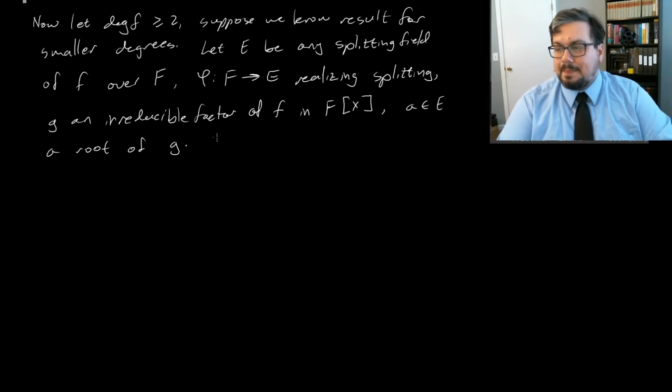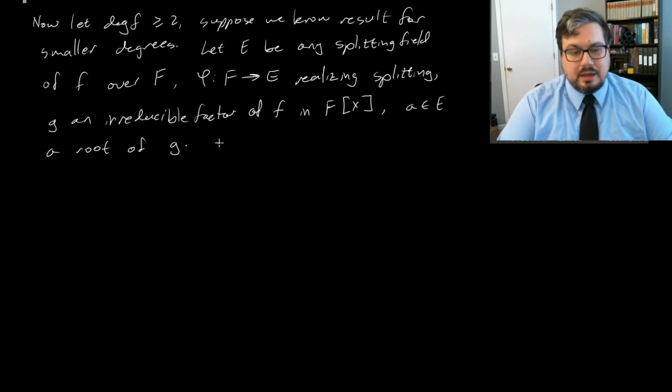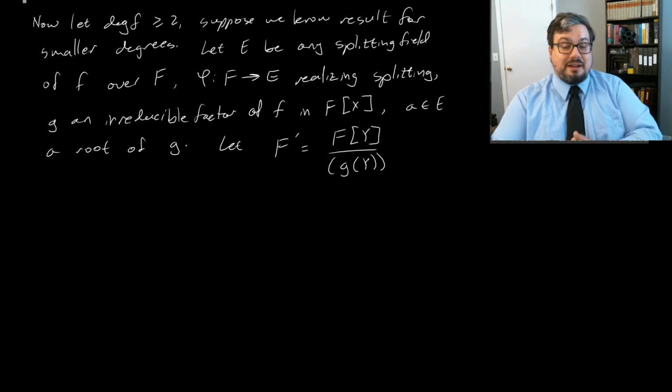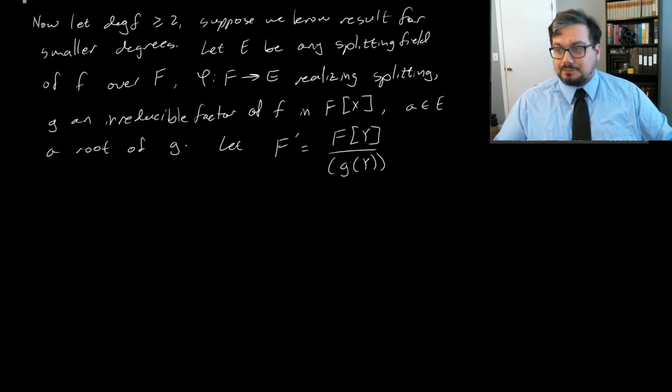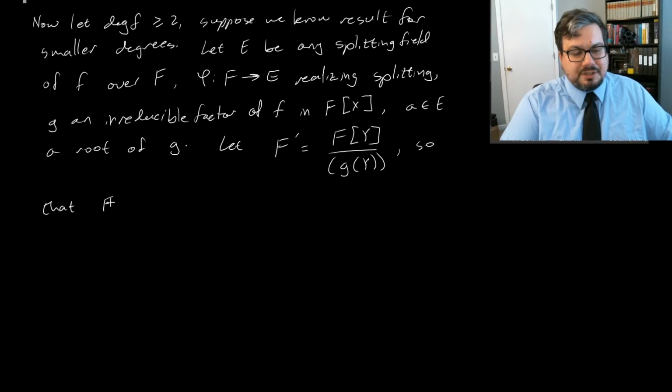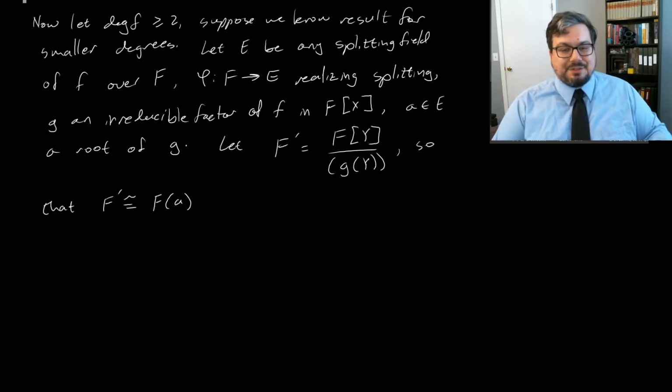So now let's let F prime be this field F adjoin y modulo the ideal generated by g of y. So that, as we just proved in the previous theorem, F prime is going to be isomorphic to F of a, the smallest subfield of E containing both the image of the field F and the element a.